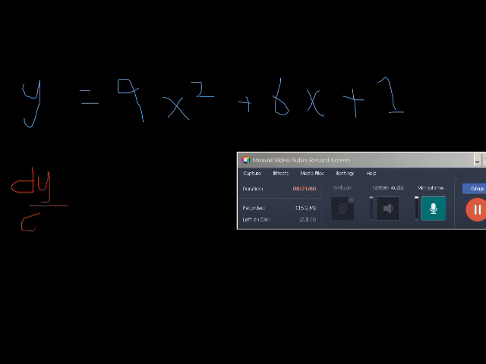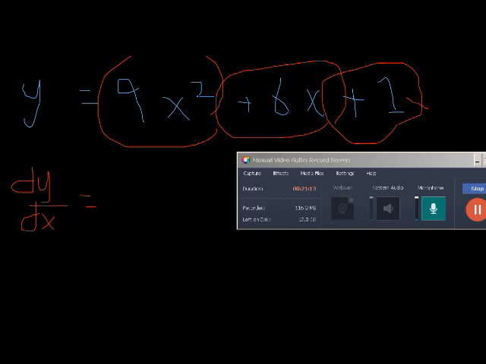Now if you have a tougher example like 9x squared plus 6x plus 1 and you have to find the differential, even then it's no problem. You just have to do the same step with each term which is being added or subtracted.